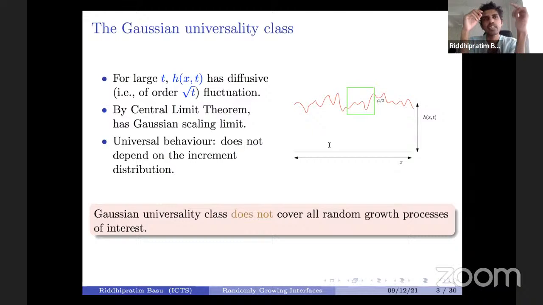Although it's very simple, what is important, I would like to point out, is that the nature of this square root t scaling and the Gaussian limit do not depend on the microscopic features of the model, in the sense that it does not matter whether you chose to increase your heights by 1 or 2 with probability half.